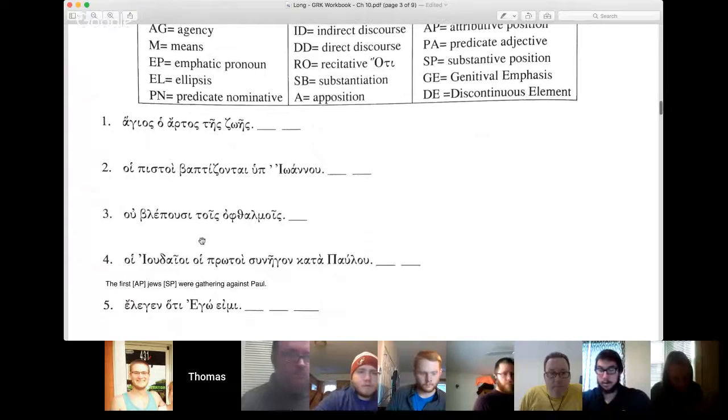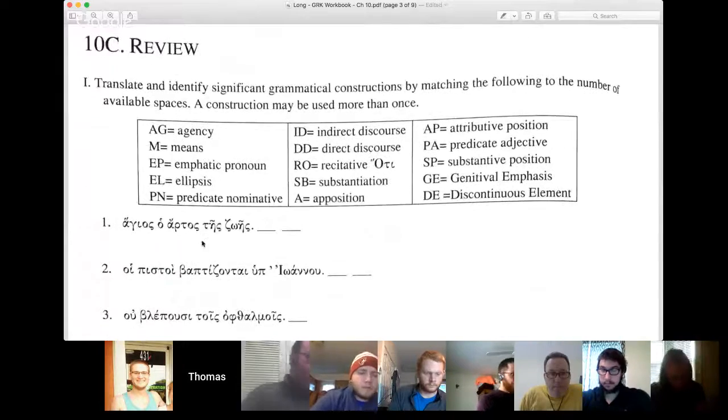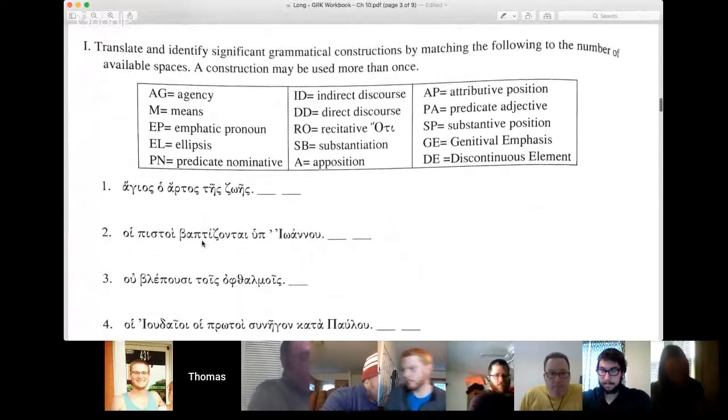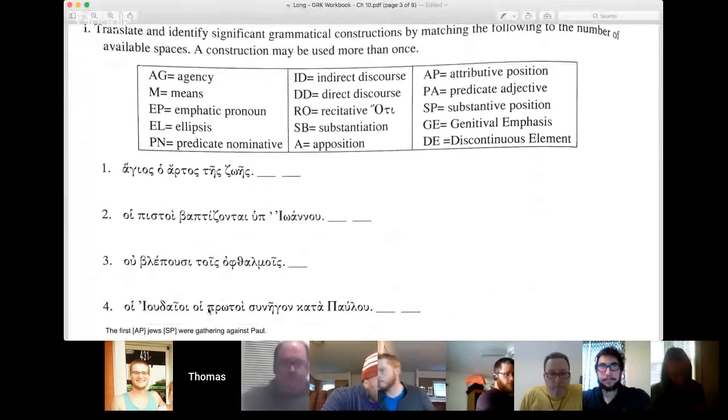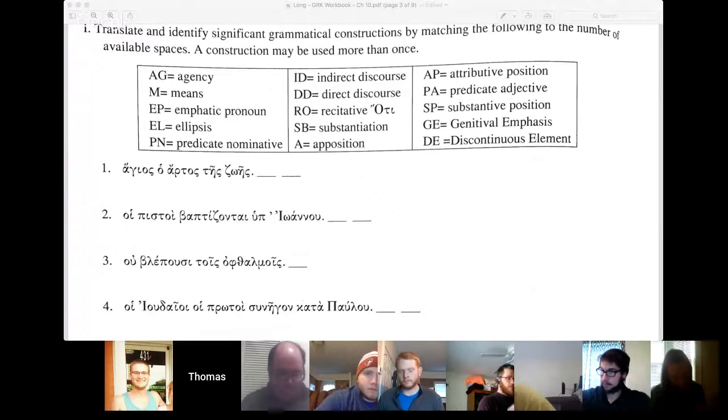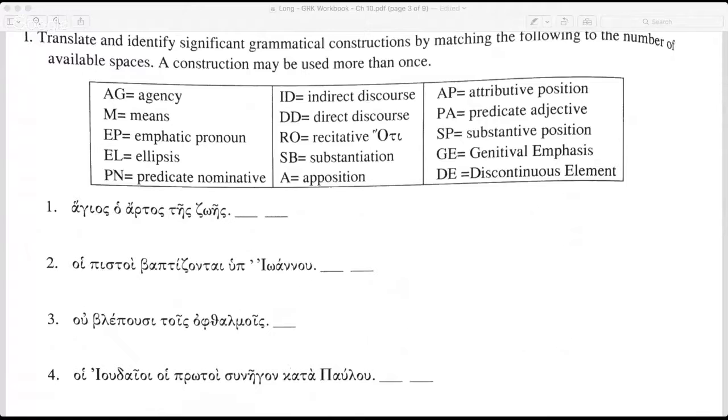So normally we haven't been doing 10C, the C sections of chapters, but I actually want us to do these because it's really thrown some folks for a loop when they do this section. This is really the grammatical analysis, bringing together a lot of these grammatical categories.